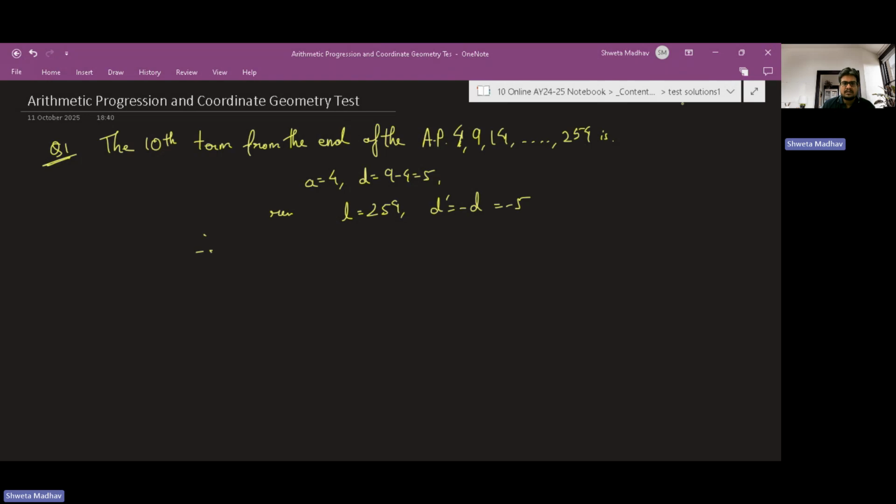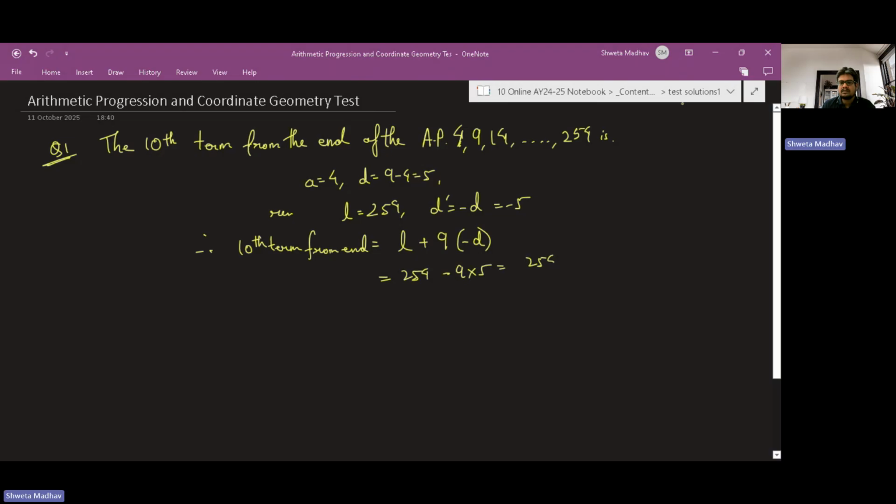So therefore, we can say the 10th term from the end will be equal to l plus 9 into minus d, which is minus 5. So it is 254 minus 9 into 5, which is 254 minus 45, so that is 209.